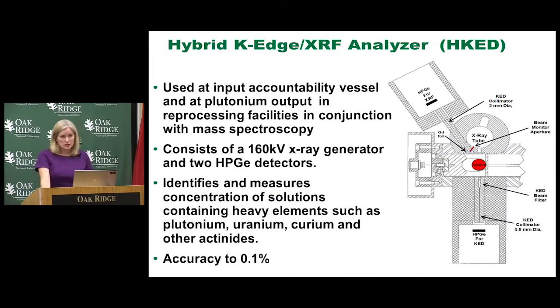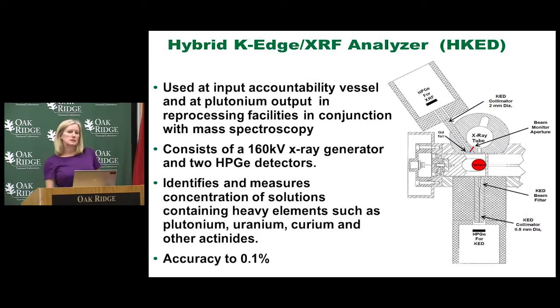Now, as far as destructive analysis, they use in reprocessing facilities what's called a hybrid K-edge XRF analyzer. And this is an interesting piece of equipment, and it's very useful. It's used at the input accountability vessel at a reprocessing facility.